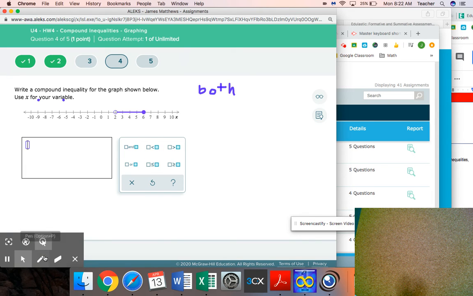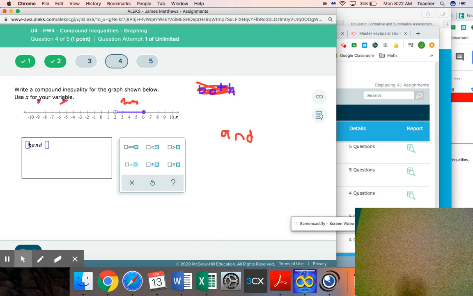Okay. For this one, I've been given a graph. I need to come up with the compound inequality. Notice that it is shaded in between here. That means it's going to be an and situation. Again, forget about that. That just won't erase, sorry. It's going to be an and situation, so I'm going to use this.